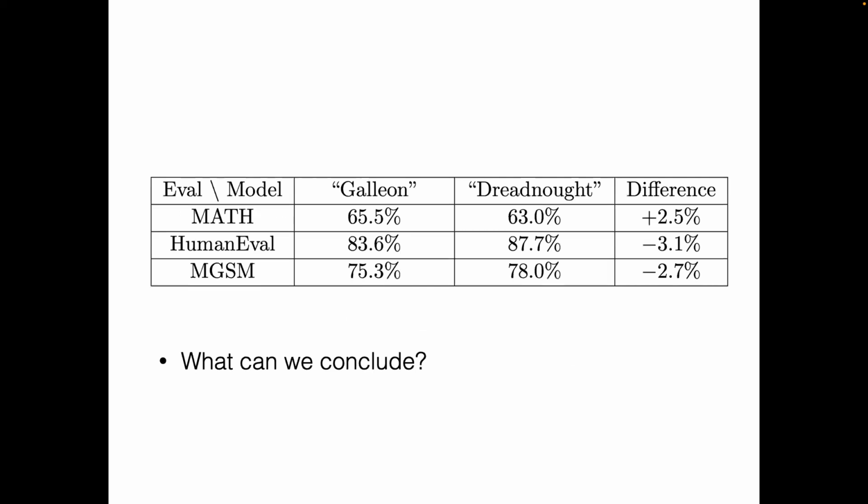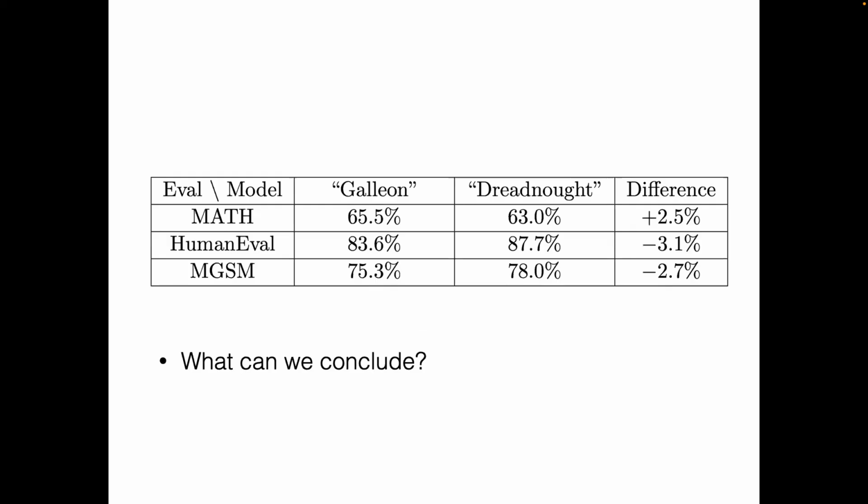So here's a table, and you'll see these tables a lot. The question is, what can you conclude from this? Here we have these different models, and one model is called Galleon and another Dreadnought.